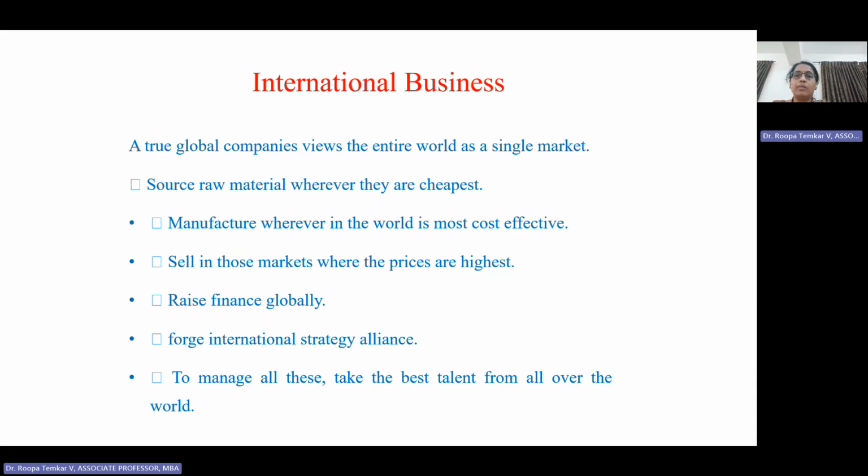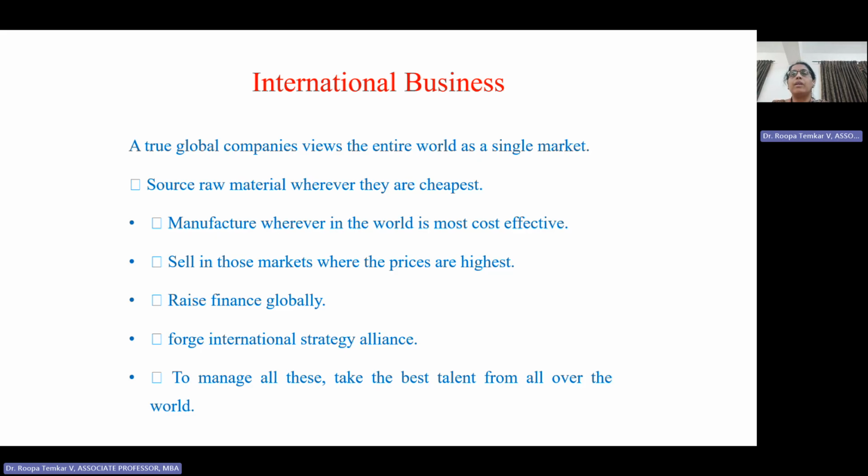True global companies view the entire world as a single market. Why? Because the term international itself says that anyone is open or has an option to have their business anywhere in the world. We see the entire world as a single market, and manufacture wherever in the world is most cost effective.